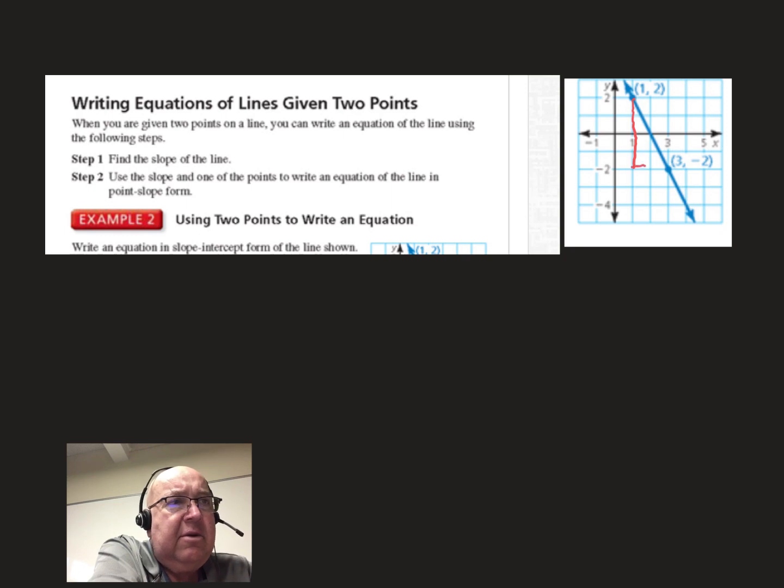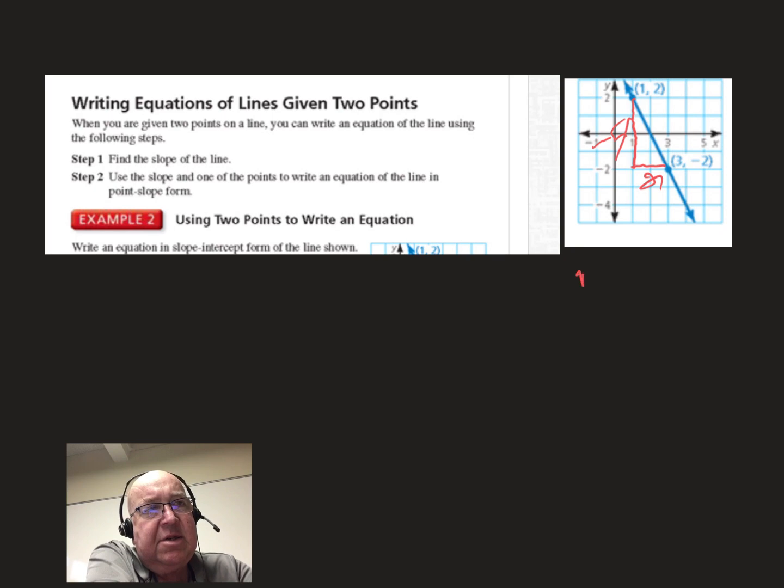I draw a right triangle from the 2 points. I see that it goes down 4 and goes over 2, so our slope then is -2. It doesn't matter which point you use. I'm just going to use the top one. So I'm going to use 1 and 2.